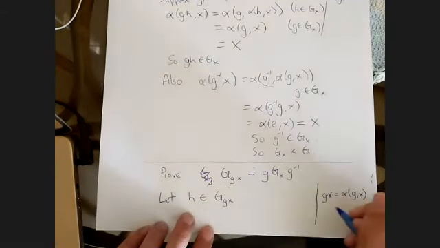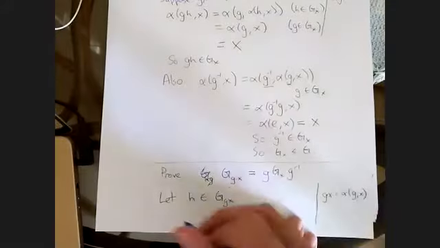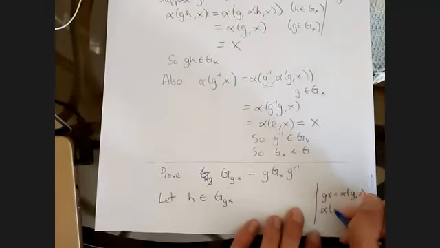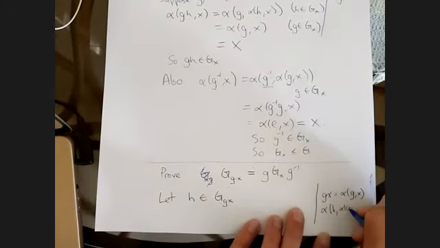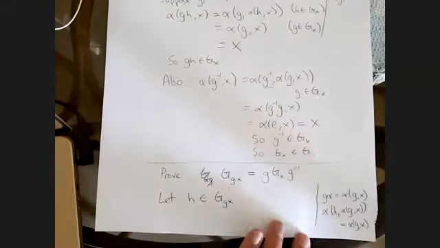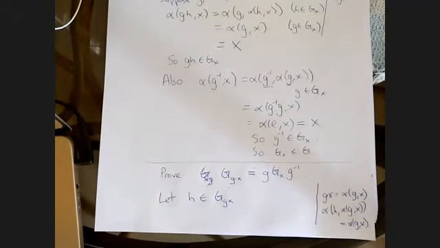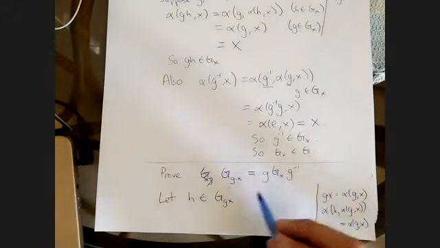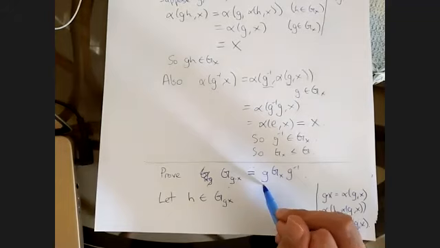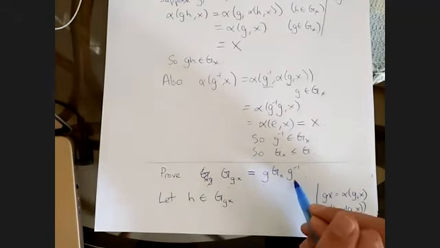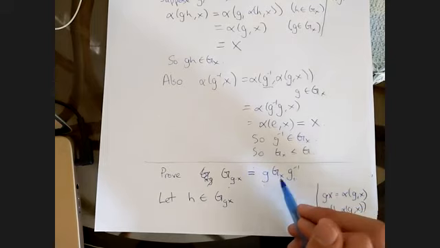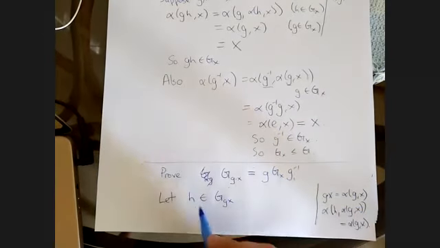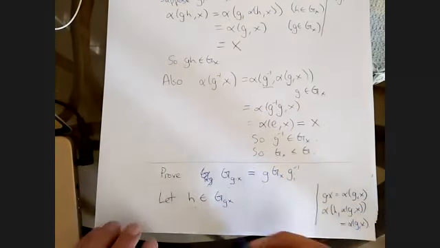What this means is that alpha(h, alpha(g, X)) is equal to alpha(g, X). I want to show that h is g times something in the stabilizer of X times g inverse. In other words, I want to show that g inverse h g is in the stabilizer of X.